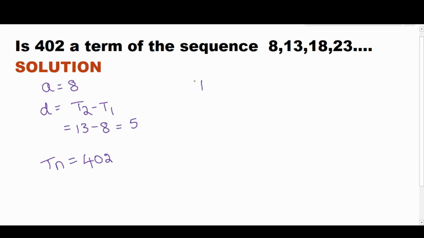So let's write the formula. Tn is equal to A plus n minus 1 into D. Tn itself is 402 and we need to find the n value now. A is 8 plus, we don't know n, let's keep it as n minus 1 into D, which is 5.